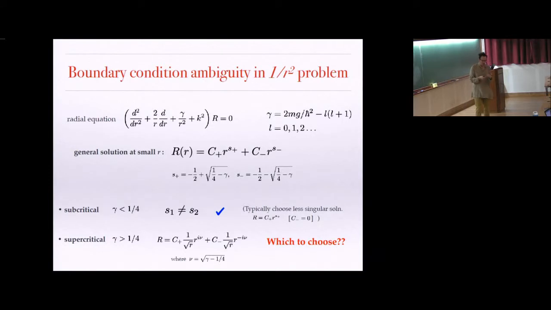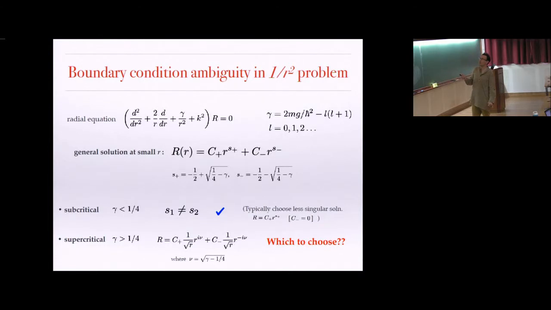You find these two independent solutions, and you choose the one that's finite at the origin. That's the boundary condition, and it's sort of given to you on a plate. But for many other problems, and this one included, you have to work a bit harder.